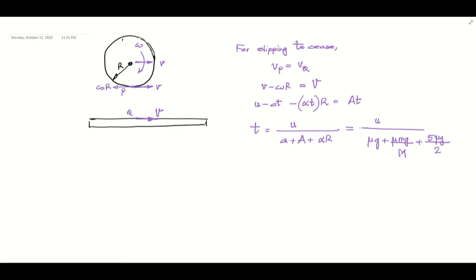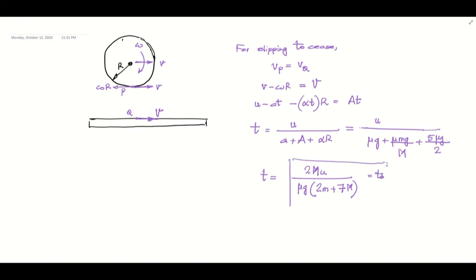And now if you simplify this, the value of t comes out as 2 capital M u divided by mu g times 2 small m plus 7 capital M. Let us call it T0, and this is the time at which slipping ceases, and this finishes our answer.